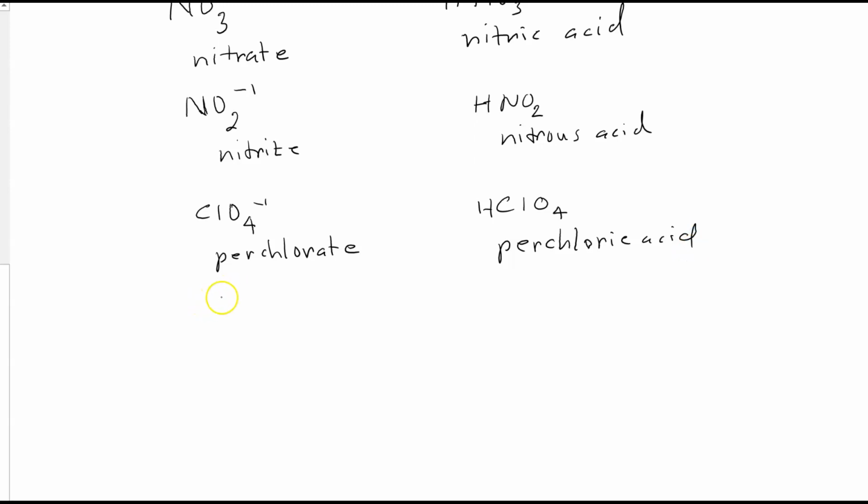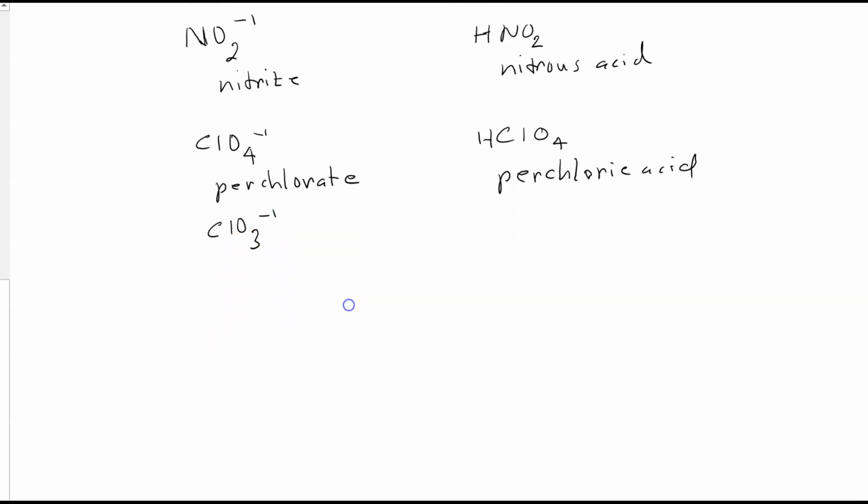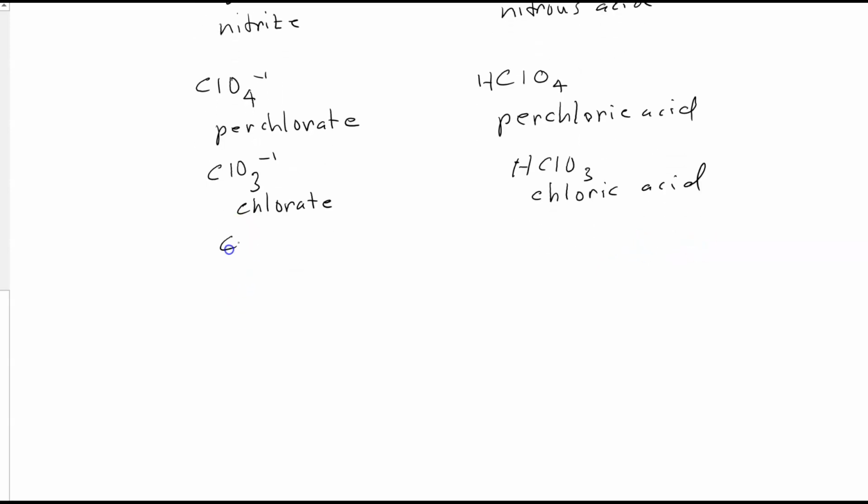And of course, you can go ClO3 with a -1, which is chlorate ion, and we get HClO3 for chloric acid.